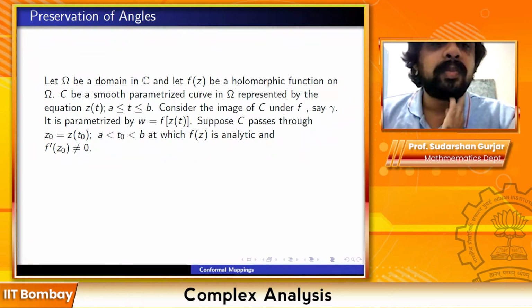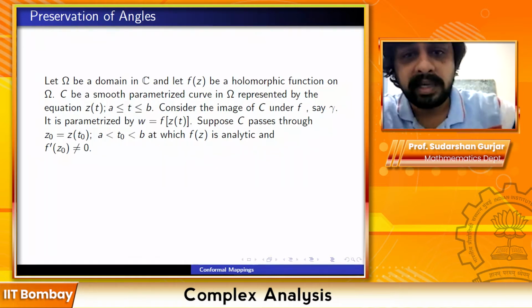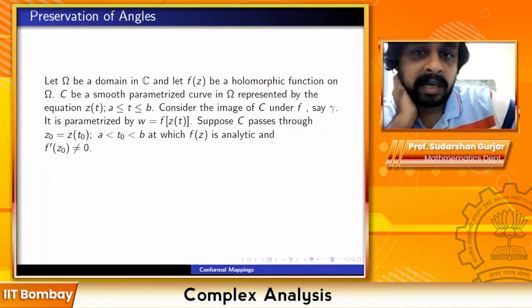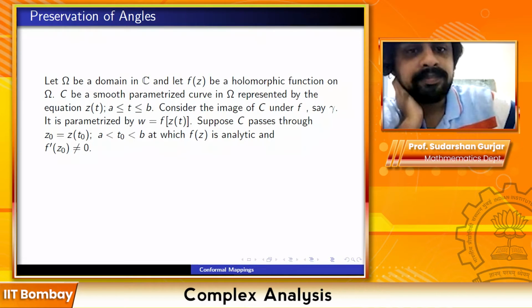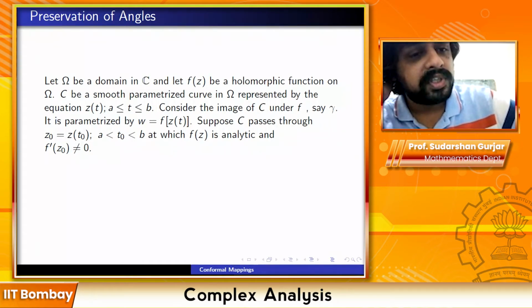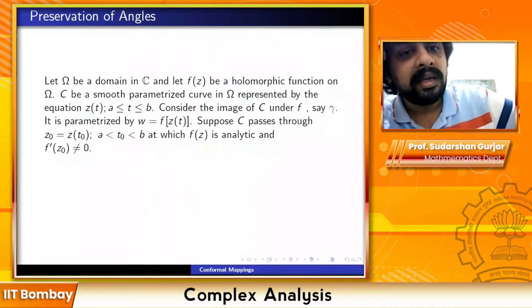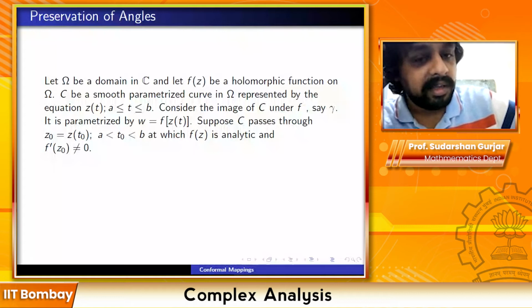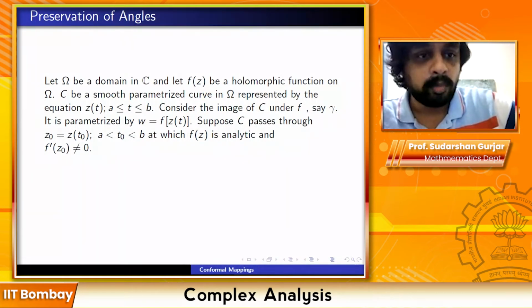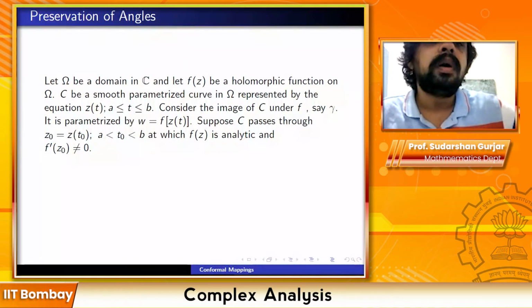It's parameterized by w, which is f of z of t. So z of t is the parameterized curve C, f of z of t is the parameterized curve gamma. Suppose C passes through z0, which is z of t0, where t0 is some point between a and b, at which f is analytic and f prime of z0 is not equal to 0. Anyway, f is holomorphic everywhere on omega, but the crucial assumption now is that the derivative is non-zero.